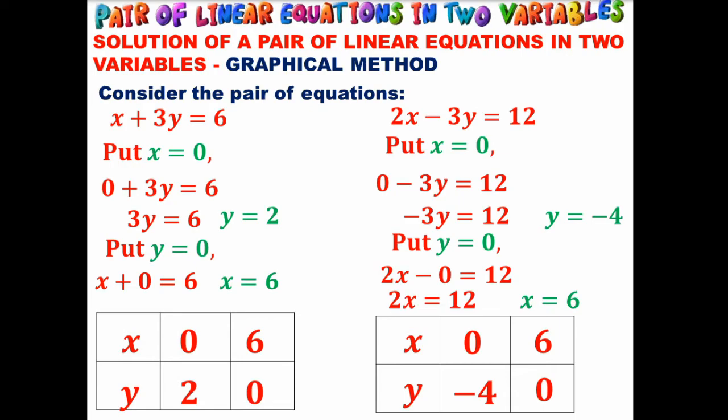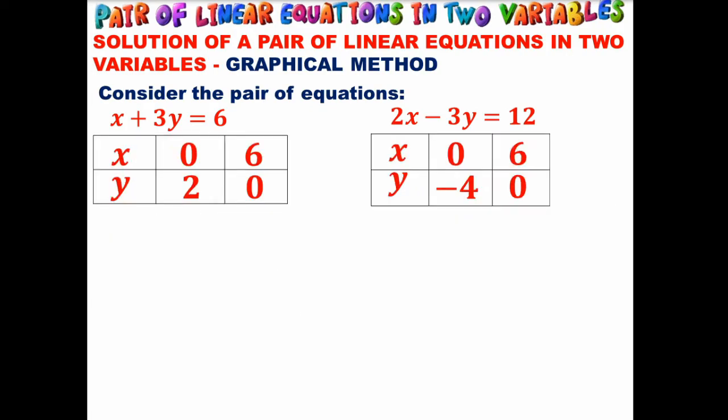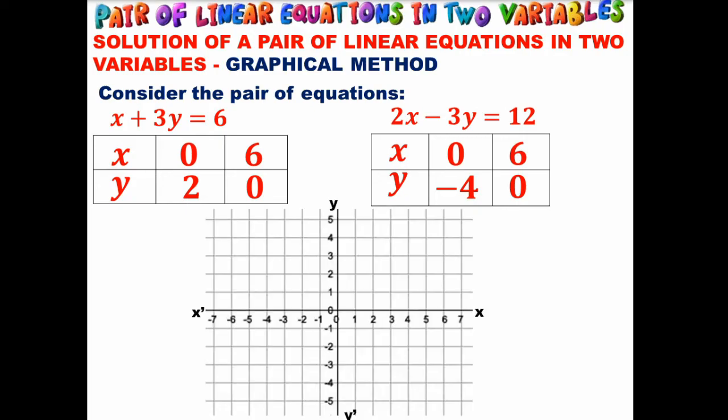So these are the tabulated values. And using these values, I'm going to draw the graph of the given pair of equations and get the solution. Let's proceed to draw the graph. So these are our equations and these are the values we have found for x and y. Using them, let me plot the graph. Now consider the x-axis and y-axis. Now we'll plot the first point of the first line, which is x equals 0, y equals 2.